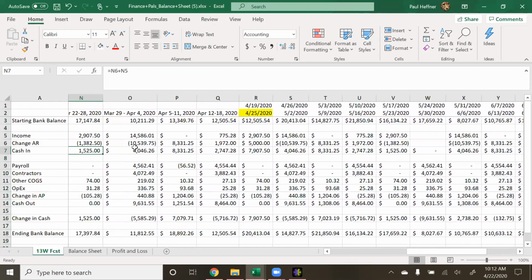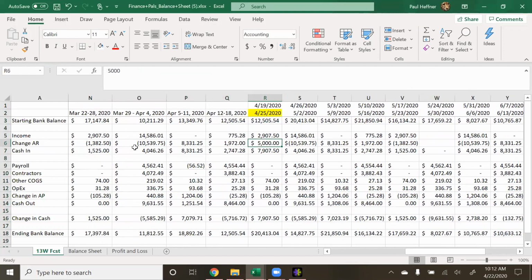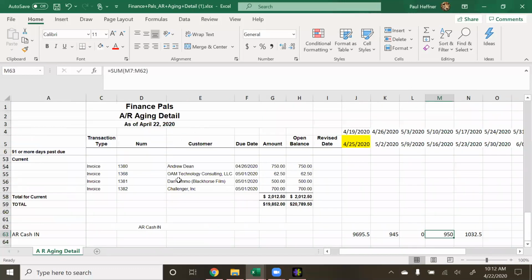And to me, it's really good for forecasting, a few weeks out, what you think your AR is going to be. And then obviously, if we go back to here, we didn't do the revised date, but some of these aren't even due yet. So maybe when they're due, the revised date will be equal to that date.